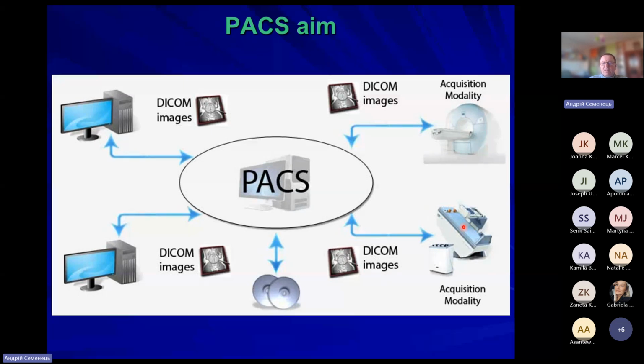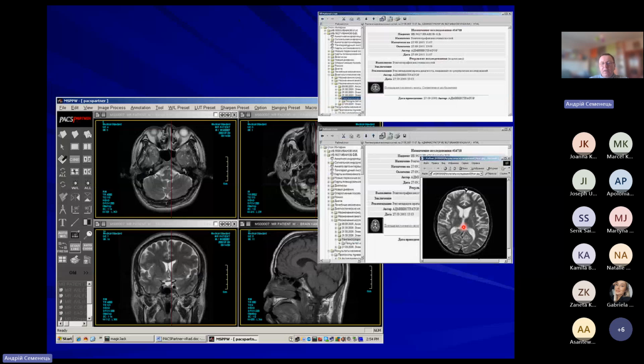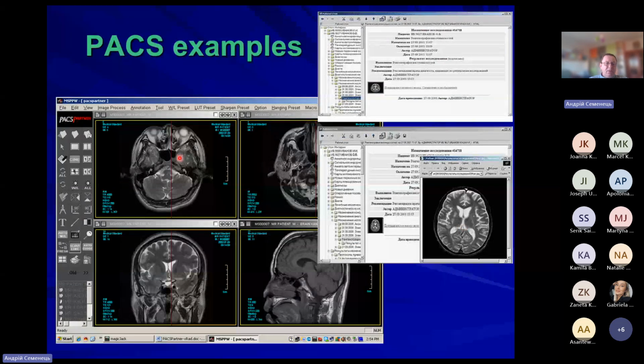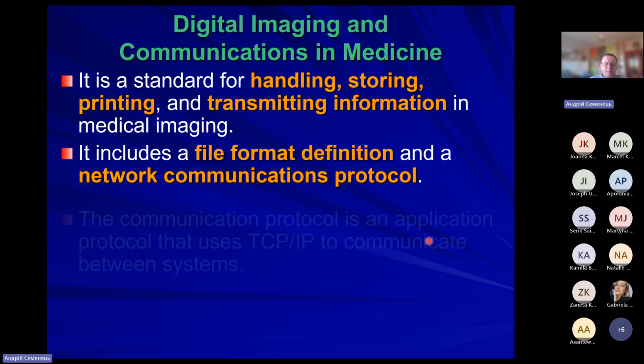The idea of PACS is a collection of all types of images available within a facility, and then providing access for physicians. How could it look? It could be specific software or part of a general electronic medical records hospital information system. It depends on the particular vendor and system solution.